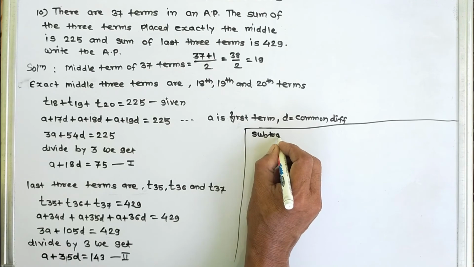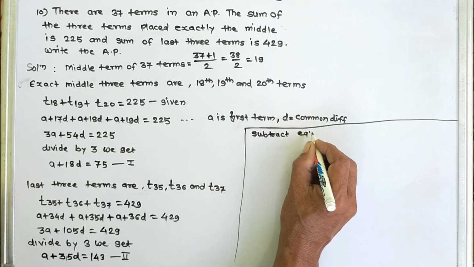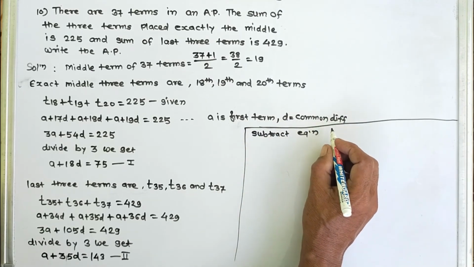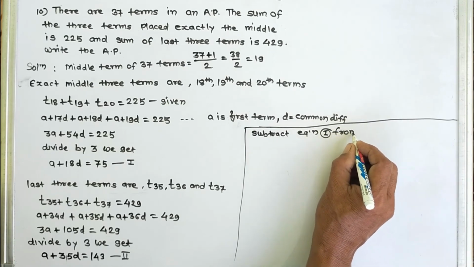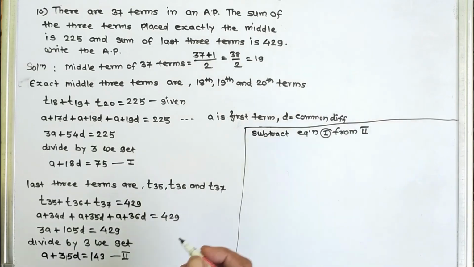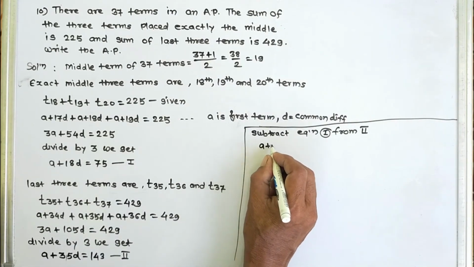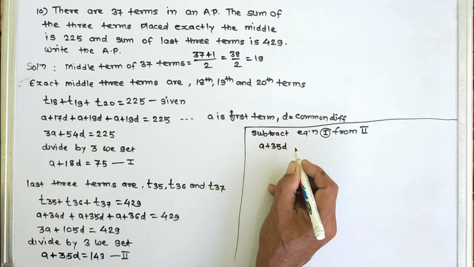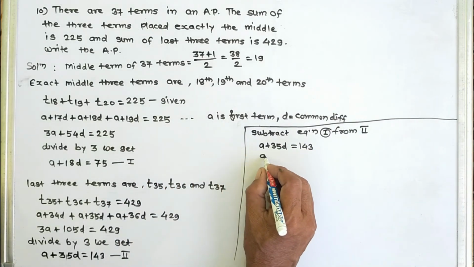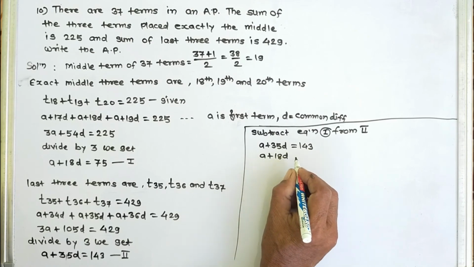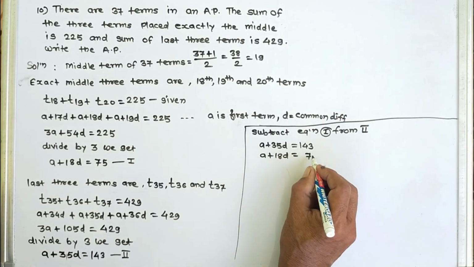Subtract equation first from second. Write the second equation, a plus 35d equal to 143, a plus 18d equal to 75.